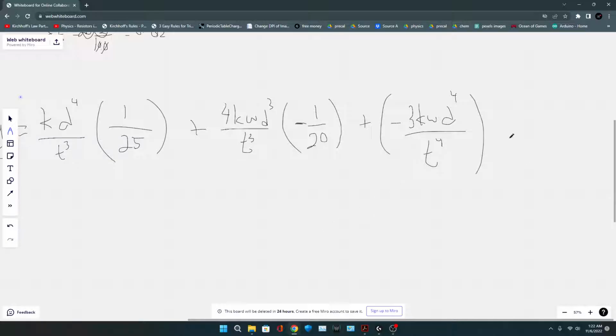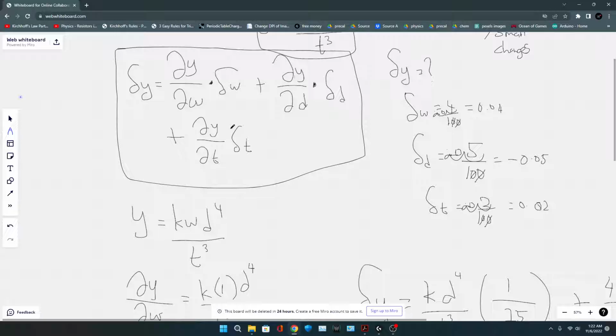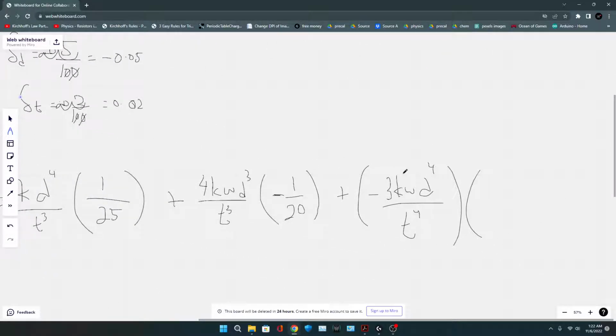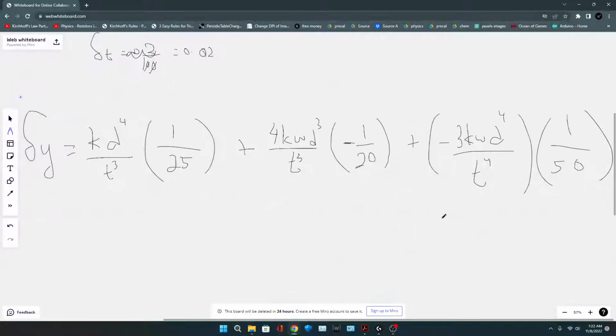Correct. Then we multiply it with delta T. Delta T is 0.02, or if we convert to a fraction it becomes 1/50.